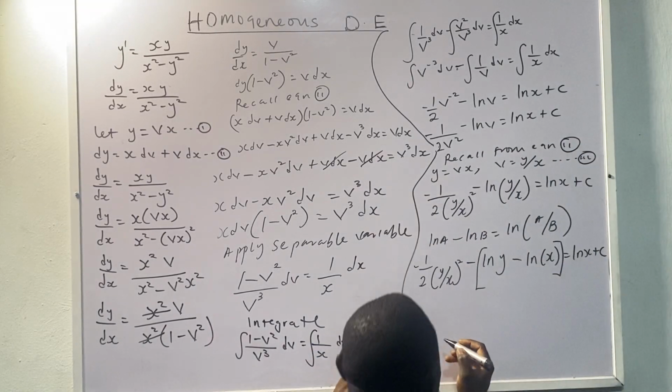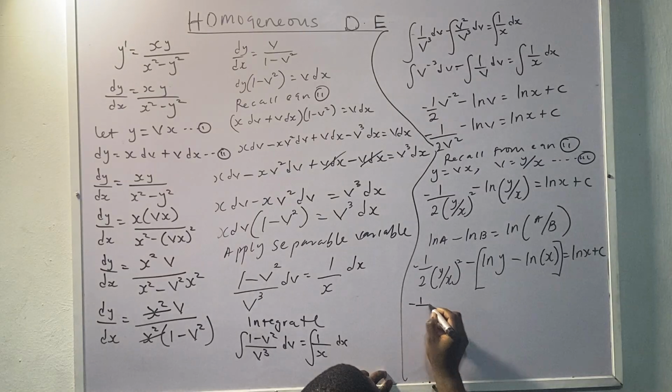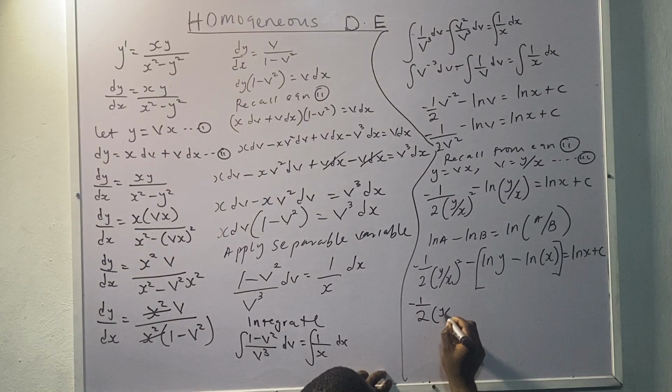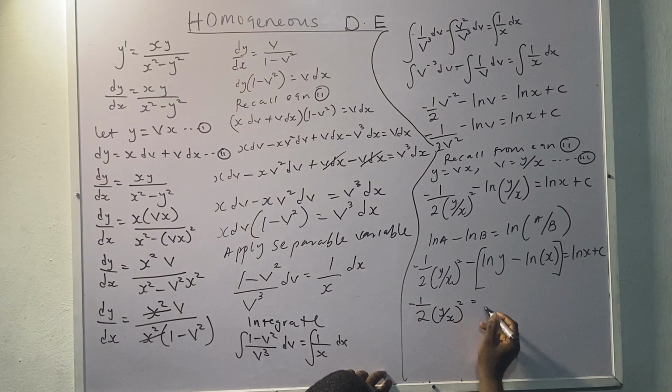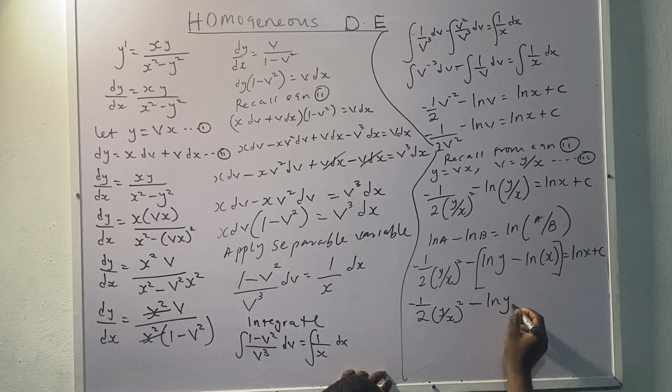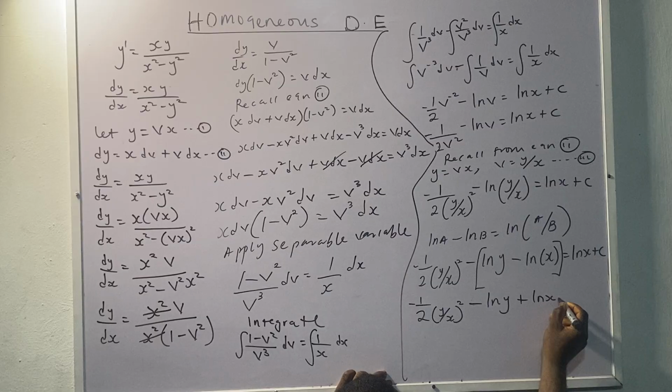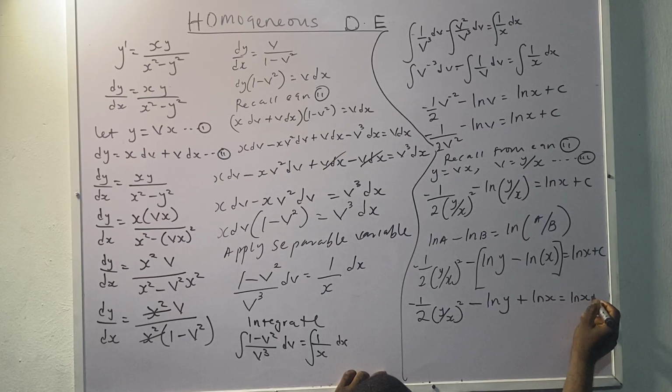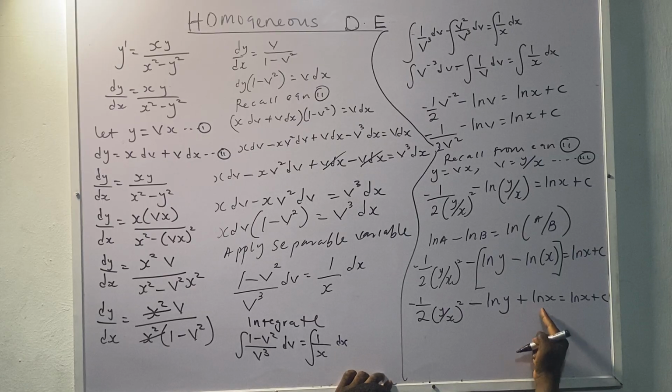So we have, if you open the bracket, you have ln y plus ln x, this plus c. So if you look at ln x here, if you take in ln x here, it will cancel out.